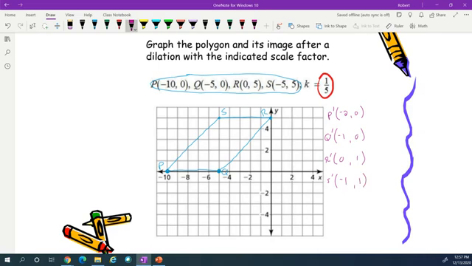And let's graph our points. Negative 2, 0 for P prime. Q prime is at negative 1, 0. R prime is at 0, 1. And S prime is at negative 1, 1.